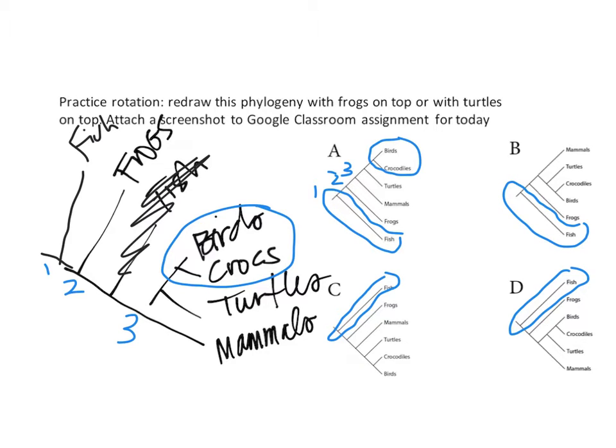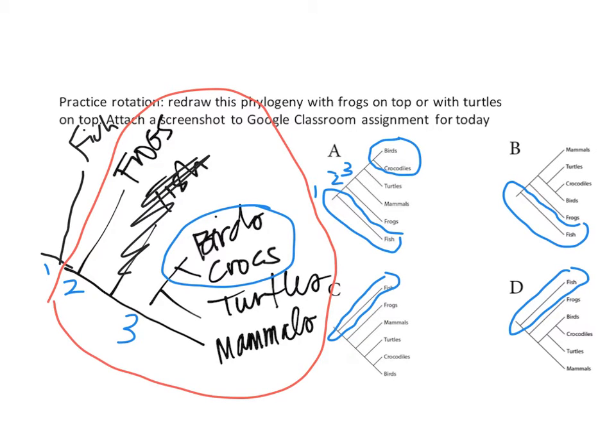So how are we going to put frogs on top? Fish are always going to be the outgroup. So we'd have to flip that entire part of the tree upside down.